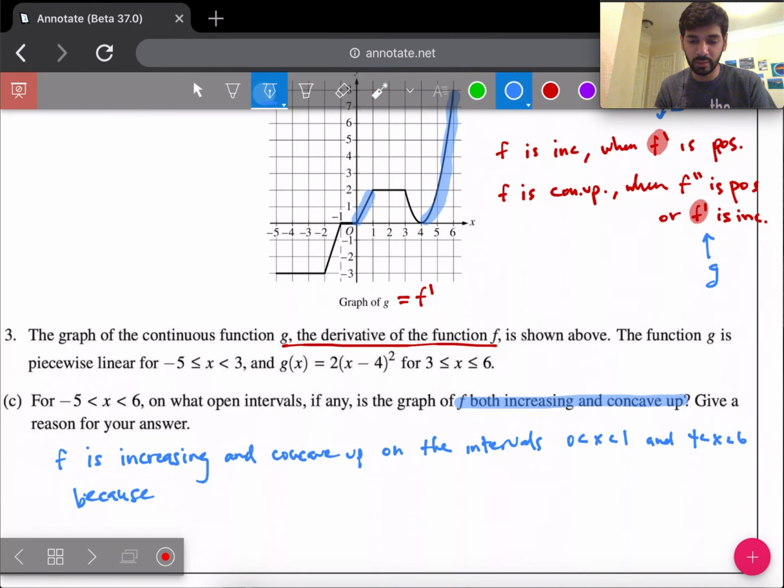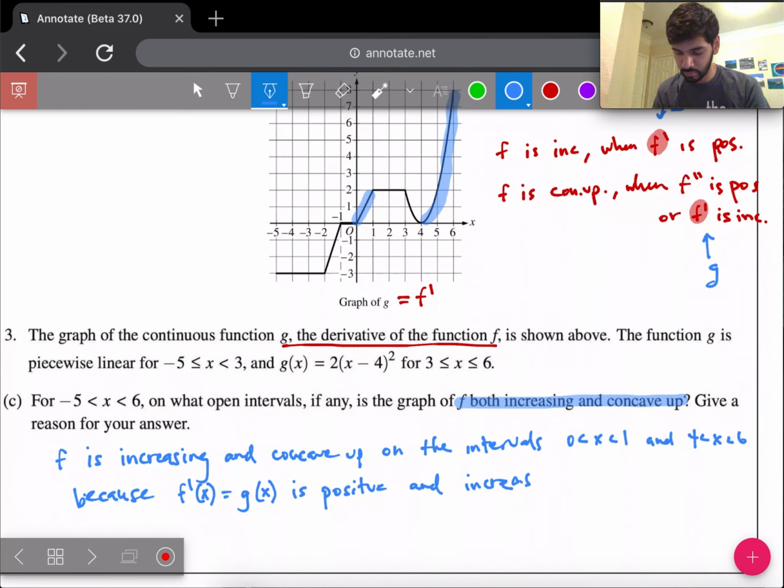I need to write because f prime of x, or in this problem, the same thing as g of x, f prime of x is equal to g of x is positive and increasing on those intervals.